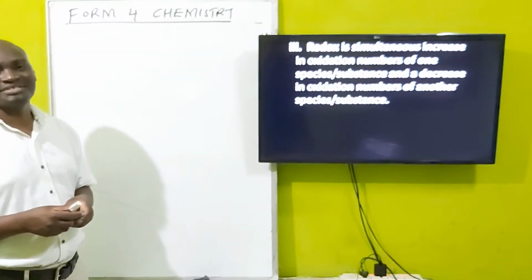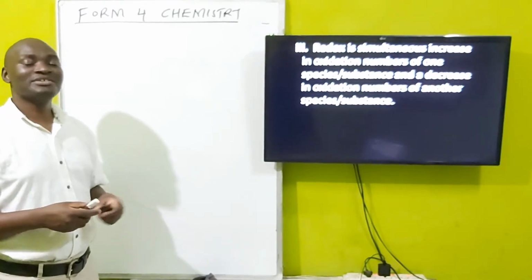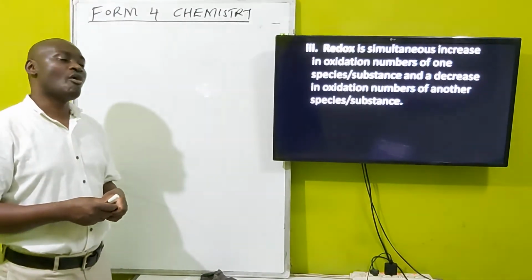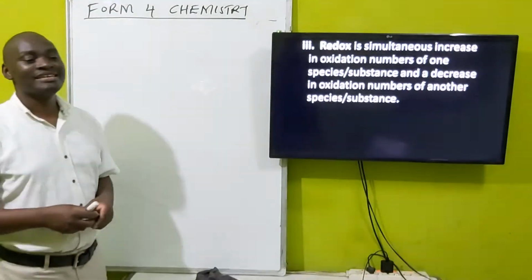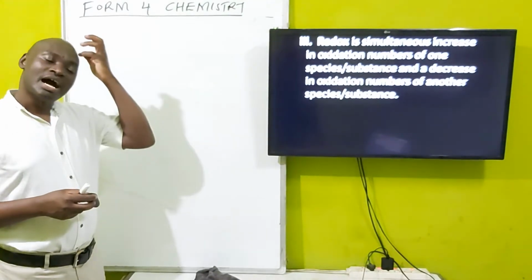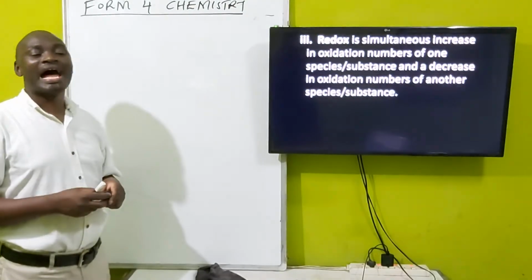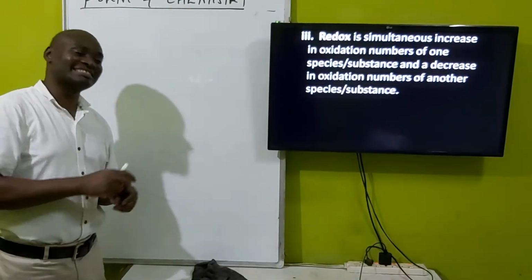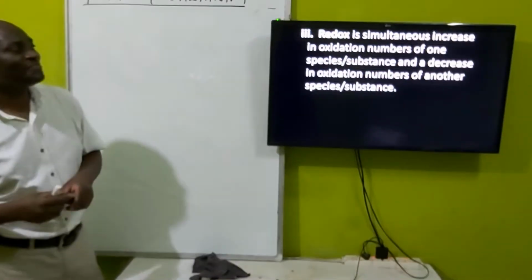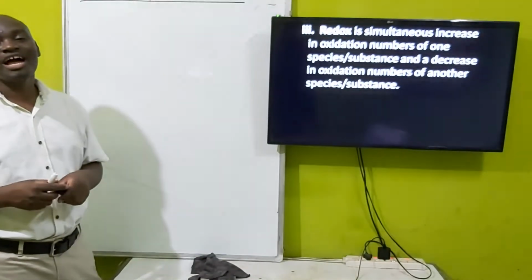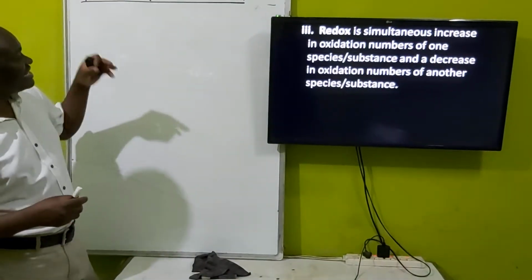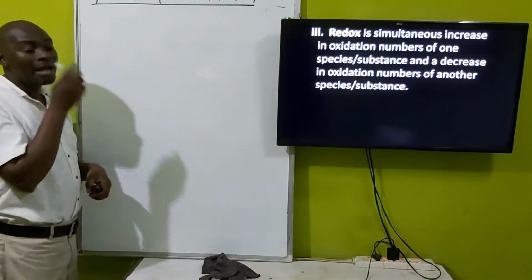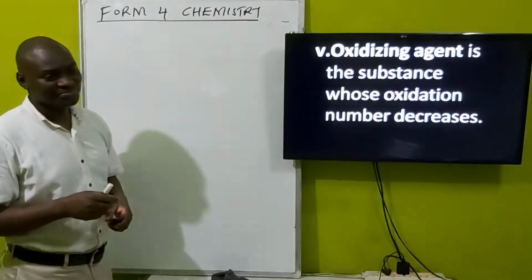Therefore, redox is a simultaneous increase and decrease in oxidation numbers during a chemical reaction. So the number increases and decreases simultaneously during a chemical change.